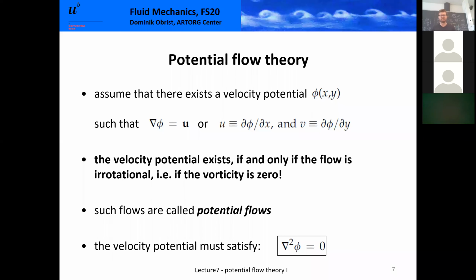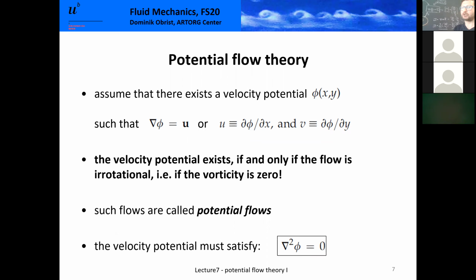Okay. Let me switch back to the slides. So what have we done on the blackboard? We have seen the velocity potential exists if and only if the flow is irrotational.